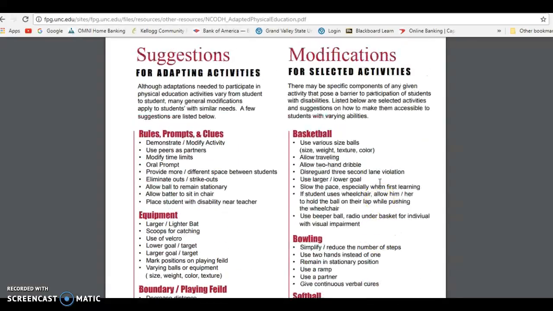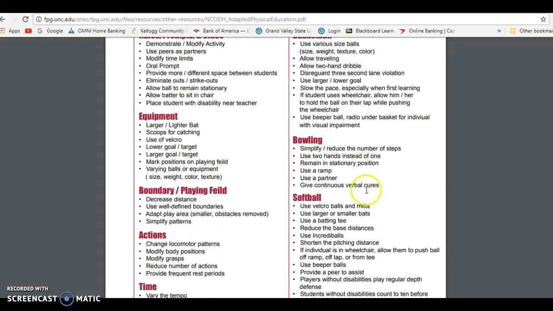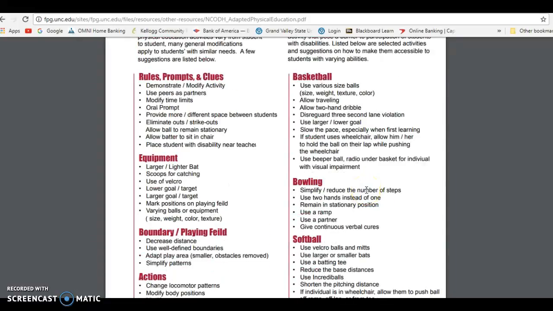Here's an example of a couple of modifications in certain sports. With basketball, as we said, various ball sizes, weight, texture, and color. Especially color, you can have bright colors for the visually impaired. You can also modify rules like traveling and double dribble.